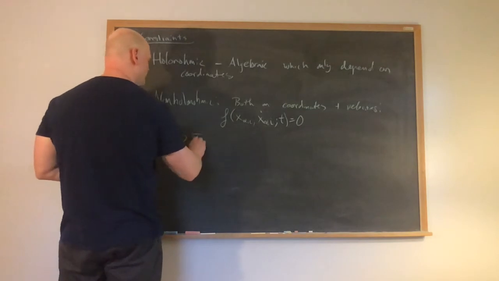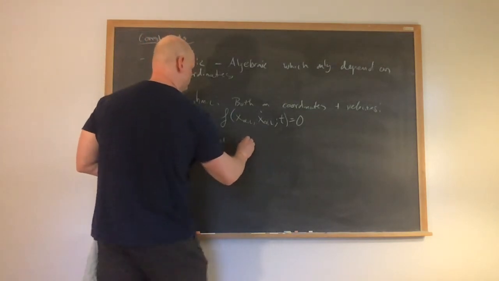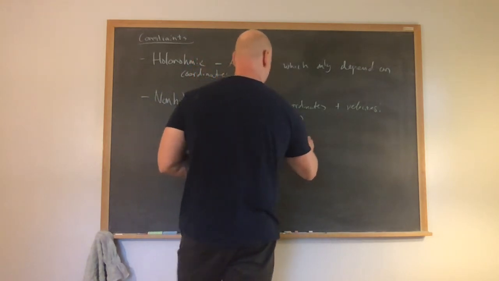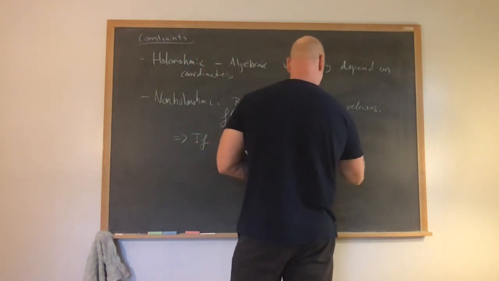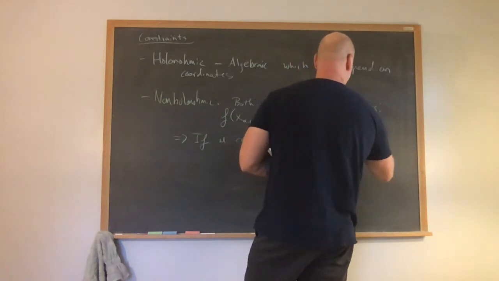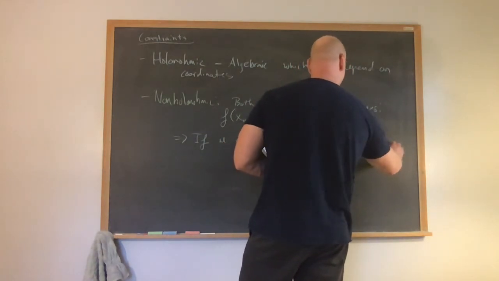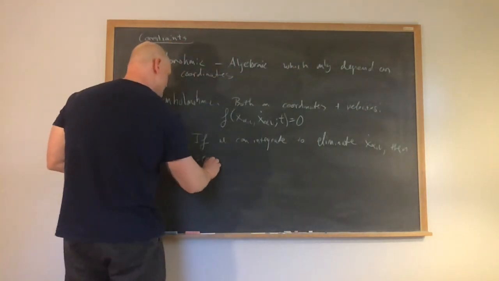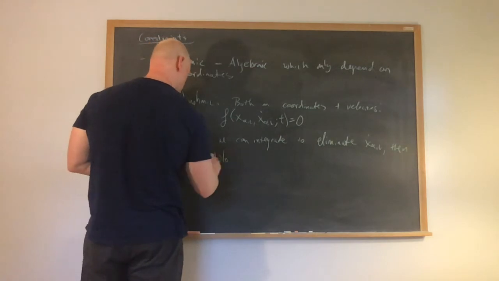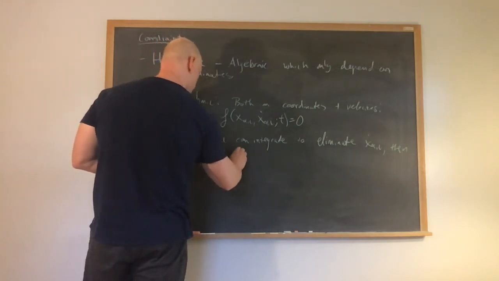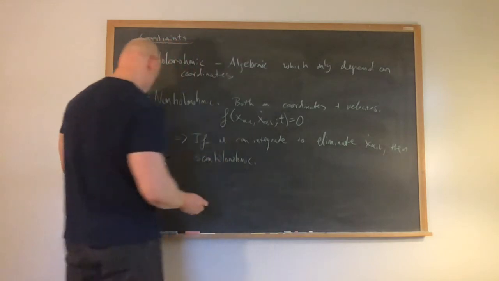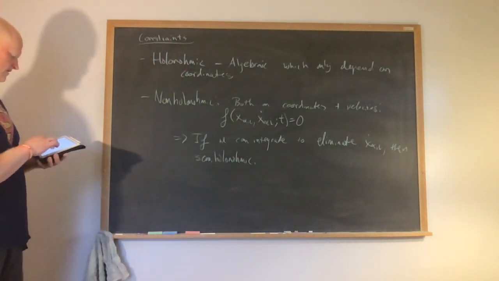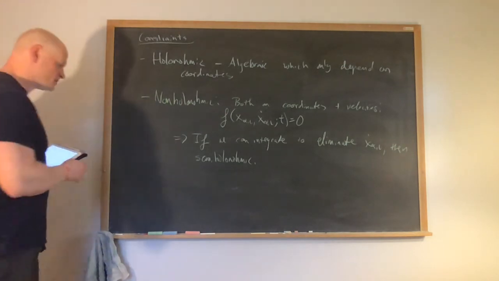So if we can integrate to eliminate the x dot alpha i, then these are what we call semi-holonomic. I'm spelling holonomic wrong, but oh well.